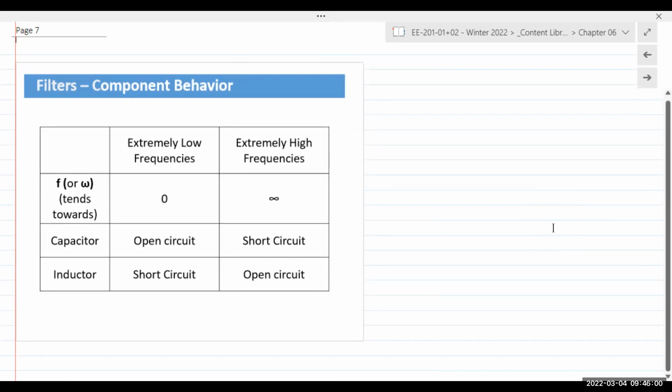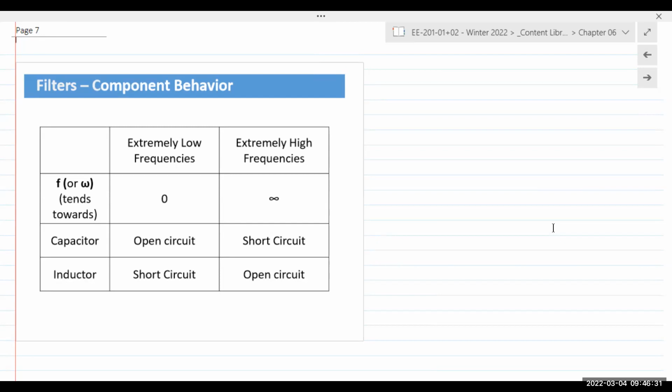The handy dandy table is basically displaying how a capacitor or an inductor can be approximated at extremely low and extremely high frequencies. So at extremely low frequencies, we are saying that F or omega is tending towards 0 hertz, basically DC, right? In extremely high frequencies, F or omega tends towards infinity.